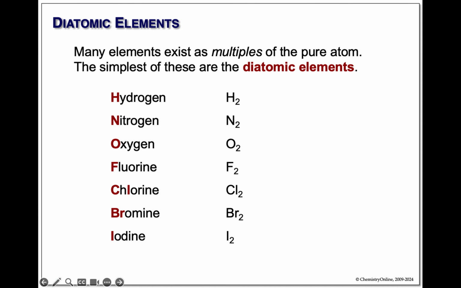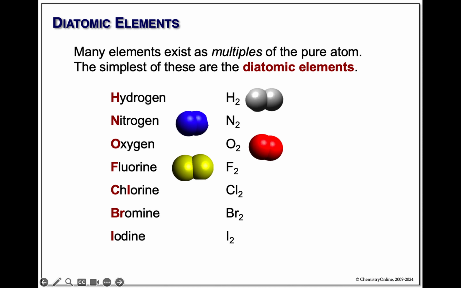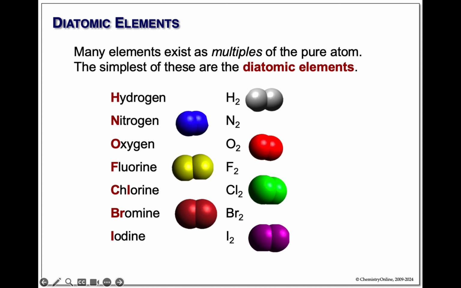In terms of models, hydrogen will be shown as this, nitrogen blue, oxygen red, fluorine kind of a yellowish green, green for chlorine, brown for bromine, and finally purple for iodine. You try to come up with colors that more or less match the element the way it looks.